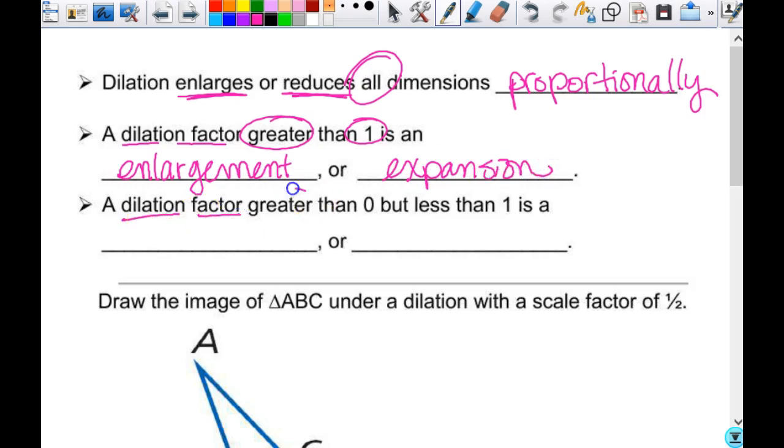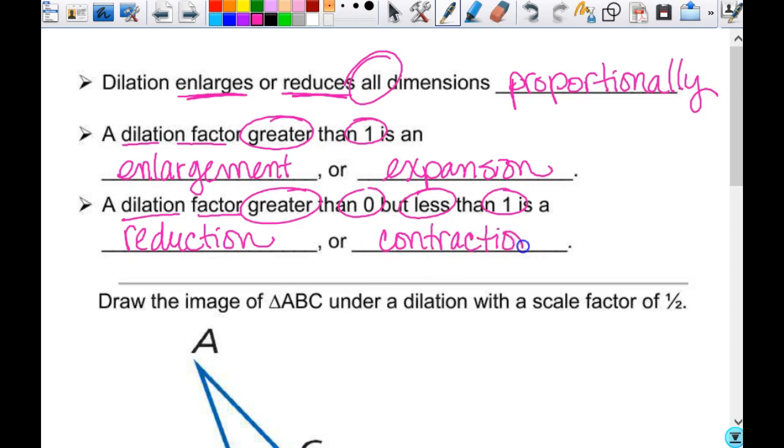A dilation factor greater than 0 but less than 1 is a reduction or contraction. So the fact that it says greater, we can choose from either greater than 1 or greater than 0 but less than 1. What is left out of that?